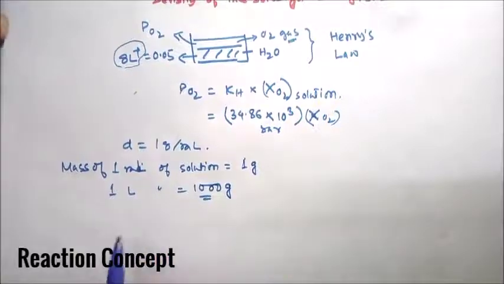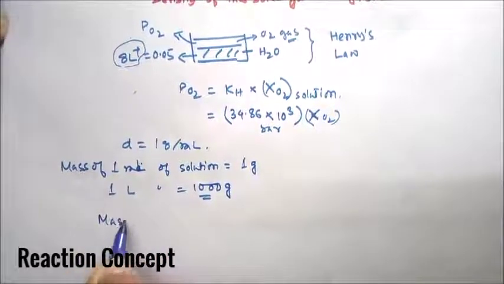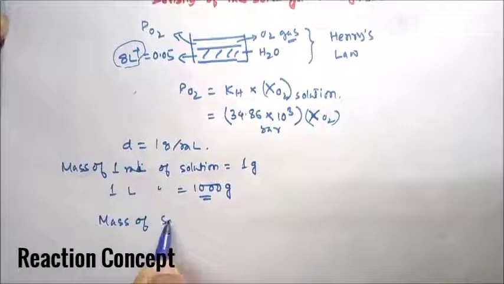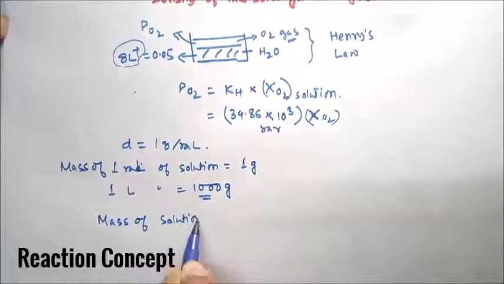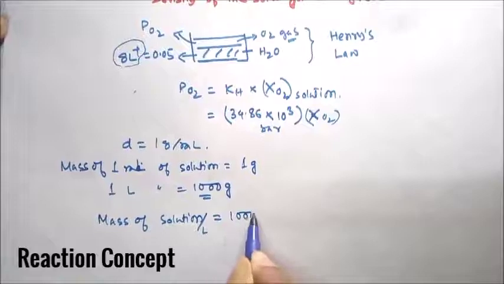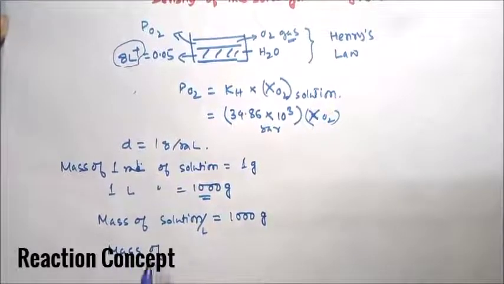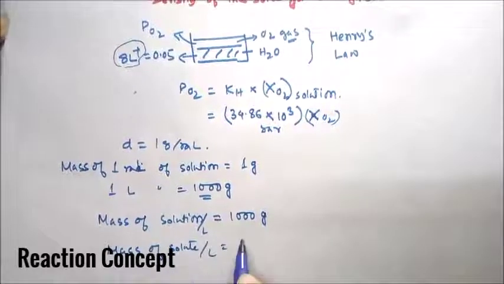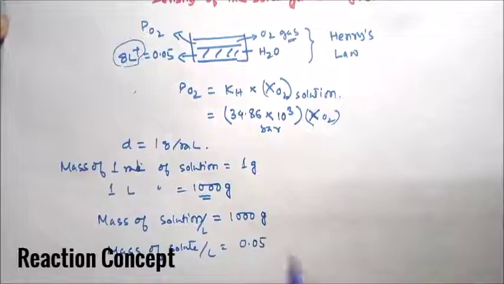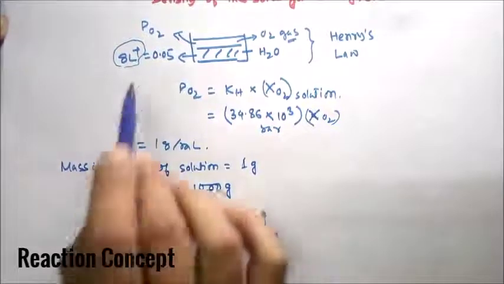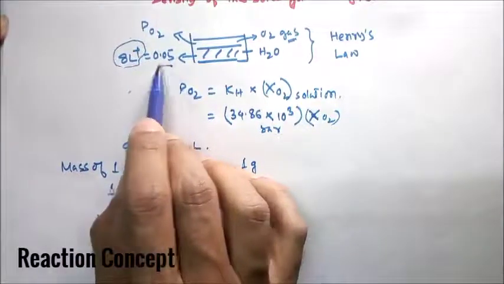So the mass of solution per liter is 1000 gram and the mass of solute per liter is given as 0.05 gram, because the gram per liter unit is given.